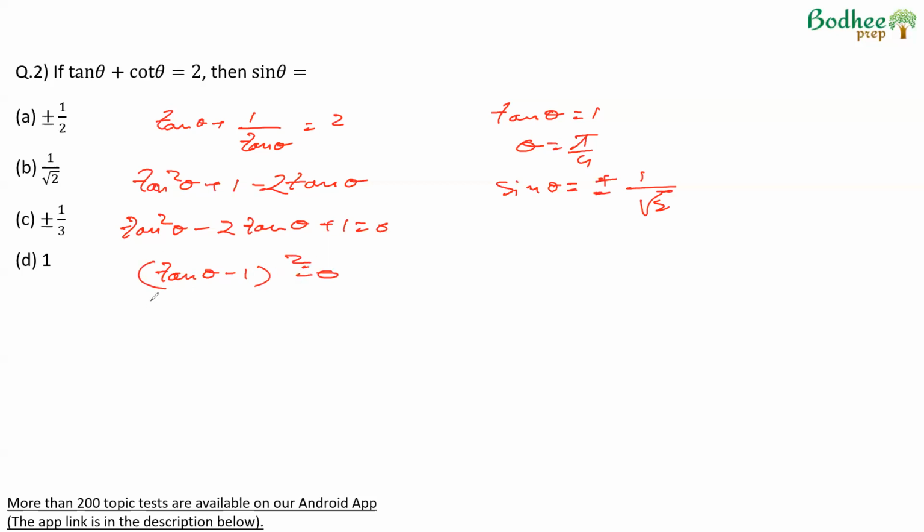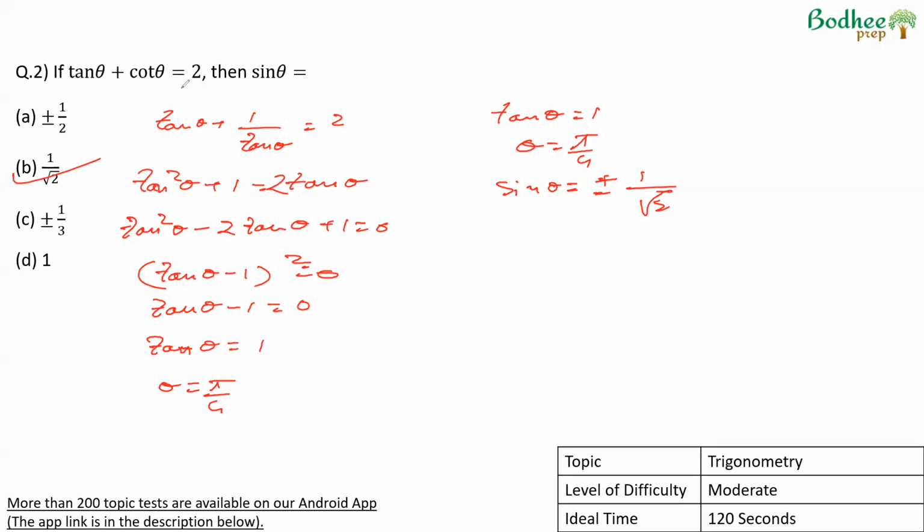This is 0, which means tan theta minus 1 is 0, which means tan theta is equal to 1. If tan theta is 1, that will happen when theta is pi by 4, and therefore sin theta will be plus minus 1 by root 2, depending on where theta is. From the options, only B is possible. That becomes my answer. Again, moderate level of difficulty, but if you are able to spot x plus 1 by x, it should not be difficult to solve within 2 minutes.